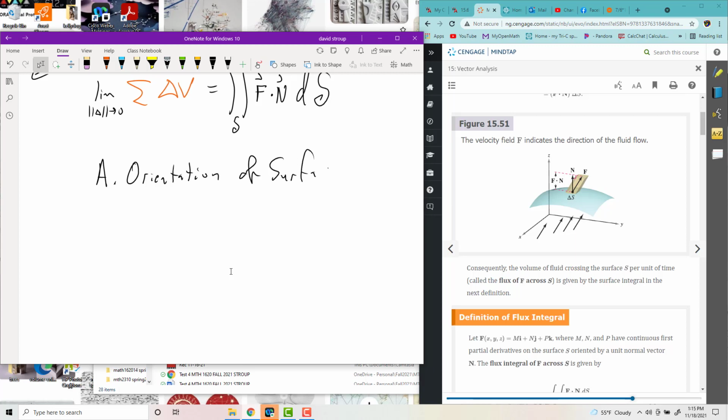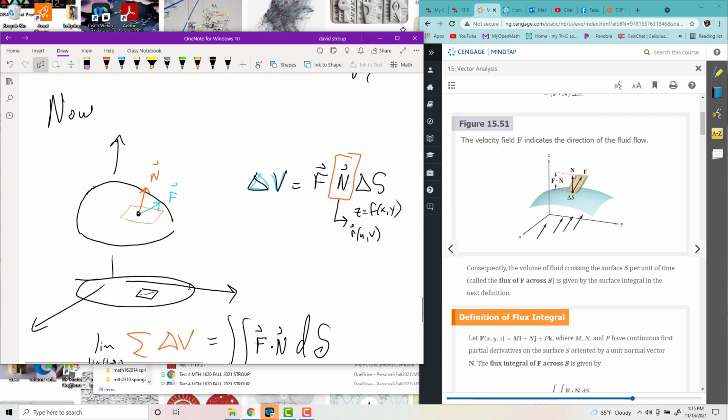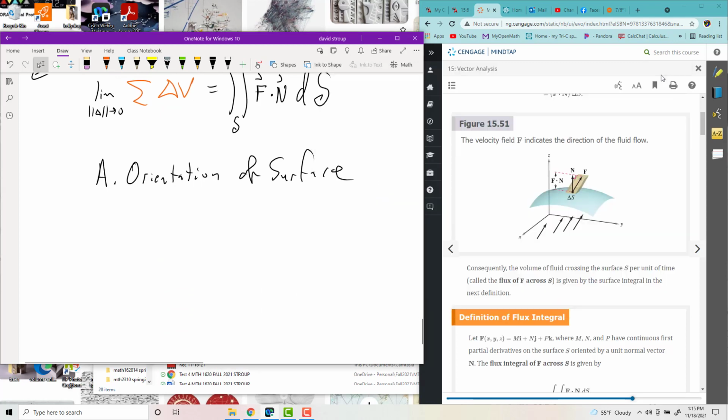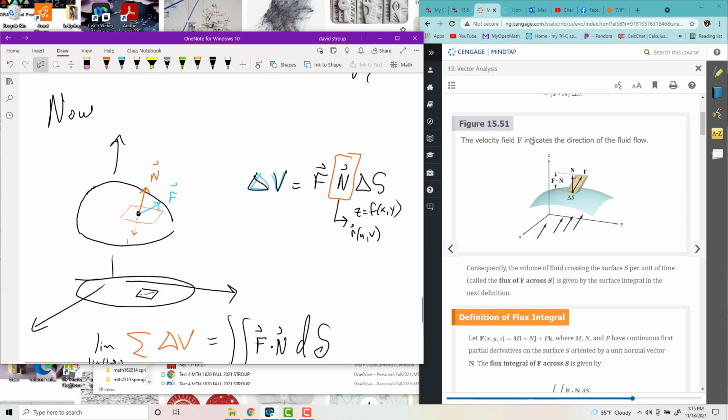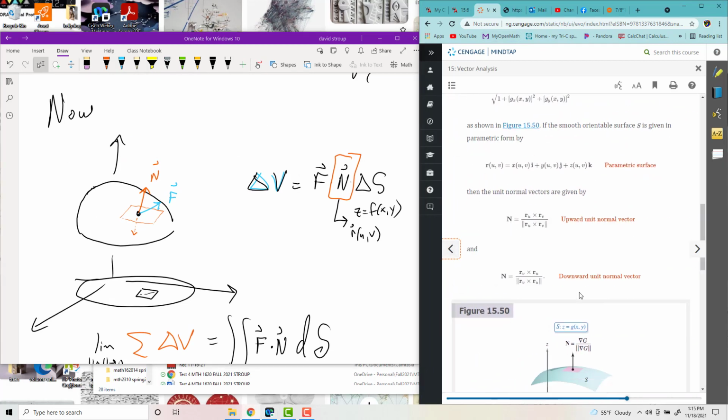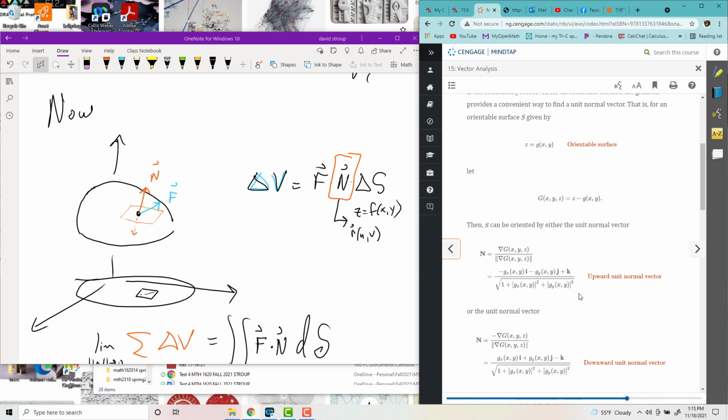What we mean by orientation is we could put these normal vectors on the top of the surface, like we have here, but if you think about the inside of the surface, there's going to be a normal vector pointing down, right? So we have to pick which one we want, and therefore we're going to have two formulas. In the homework, you're always going to be using the outward pointing normal vector, so it won't be too painful for us, but there are a lot of formulas to deal with.